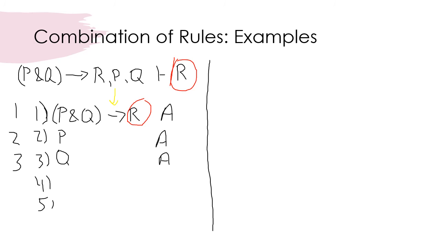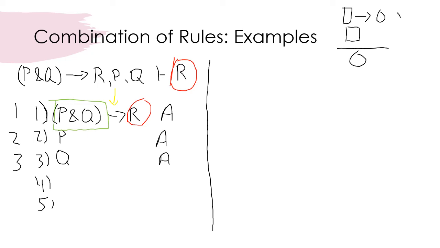So what's that telling me? That I have a square arrow circle, and I'm looking to get the circle by itself. So we know what rule we should be using already, because our arrow out rule says if I have a square arrow circle and I get the square, I can derive the circle. So I know my last step is going to be arrow out. That's how I'm going to get this R.